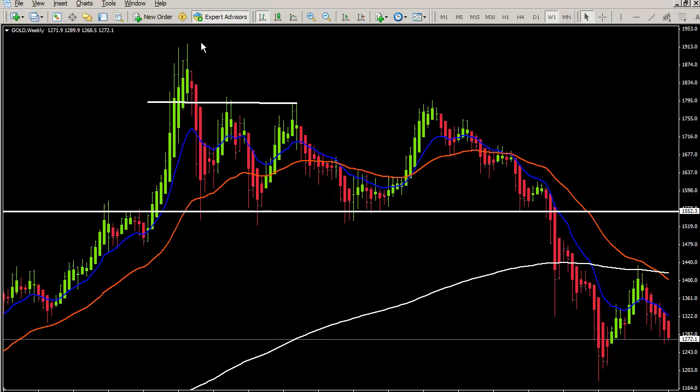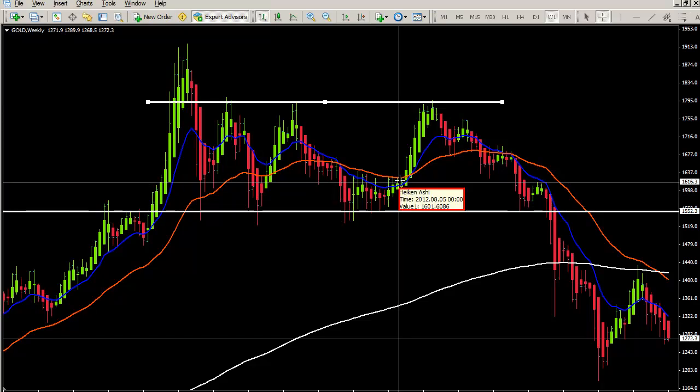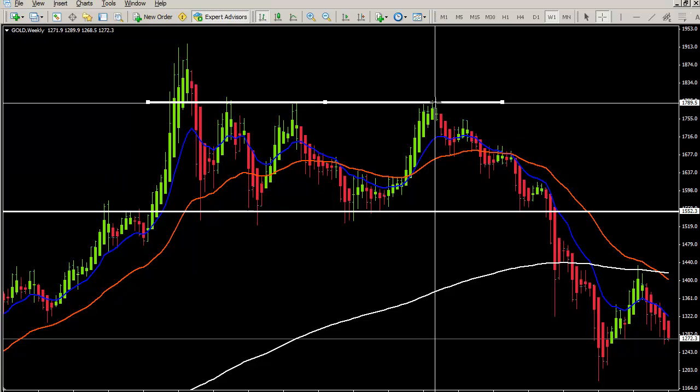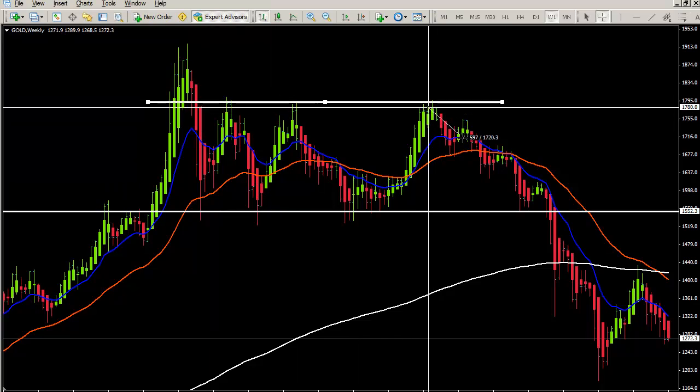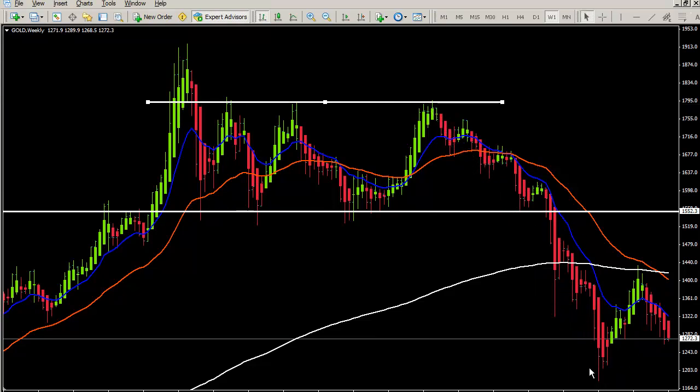We had a false break. The price retraced back. And if you extend the line, what happened? The price bounced, ranged a major support a lot, moved back up, hit the resistance line, and in the end crashed.